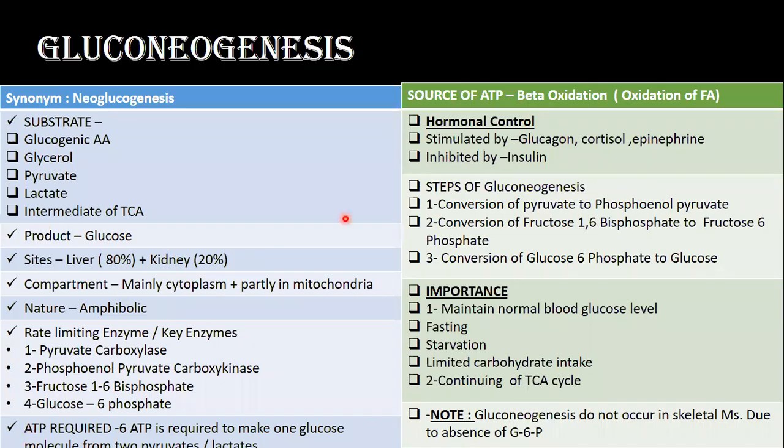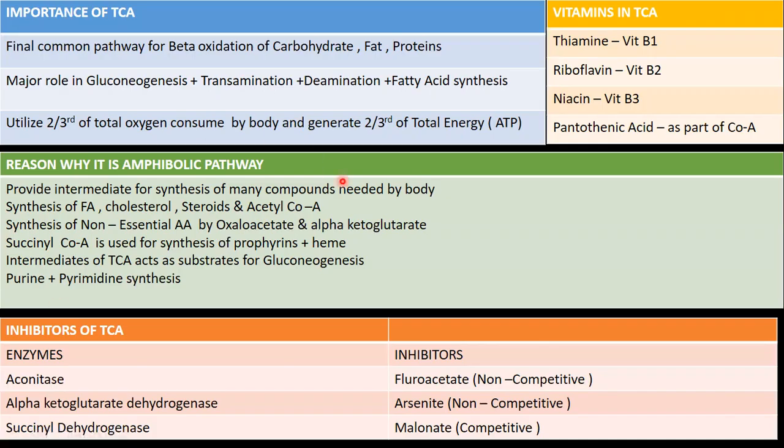Moving forward, one more thing you need to know is the basic difference between glycolysis and TCA cycle: TCA cycle is strictly aerobic, whereas glycolysis is aerobic as well as anaerobic. Another question which might come is whether the TCA cycle occurs in red blood cells.